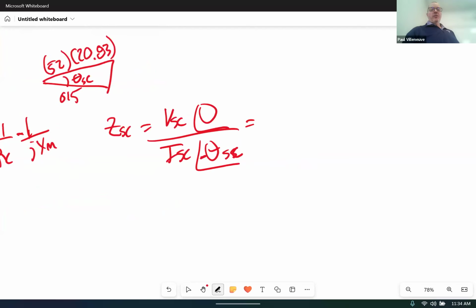And that's equal to R equivalent plus JX equivalent. If you got that far, I probably would have given you full credit. But some people did RS and RP. As long as your approach was reasonable, I gave you credit on it.